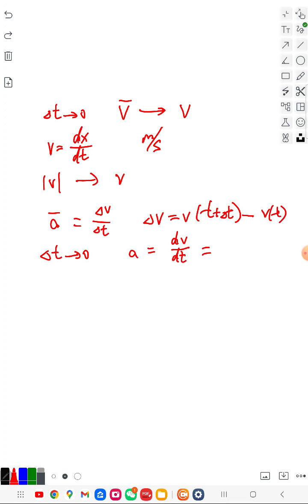And we can also substitute equation 1, so a is d squared x over dt squared. That means it's the second derivative of the position x, the displacement. You can always introduce the third derivative or the fourth derivative or something like that.